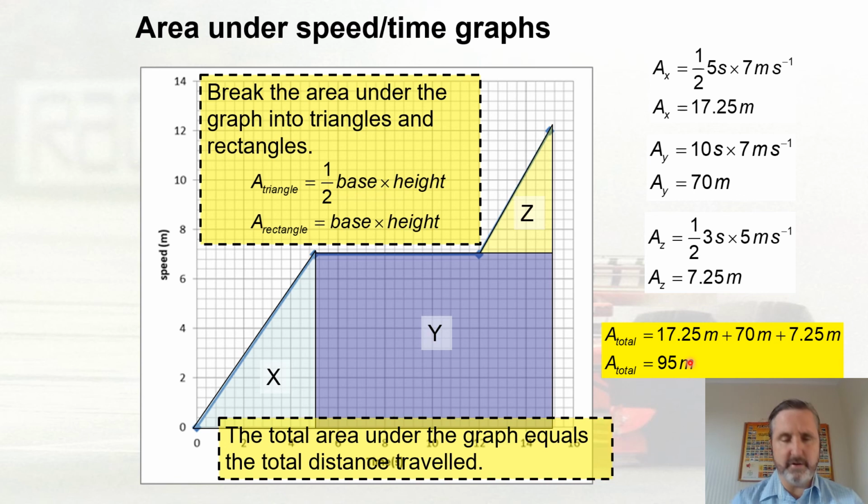Okay, so in this video we've looked at distance time graphs, and remember on a distance time graph an angled gradient is equal to a velocity, and a straight horizontal line means that the object has stopped, and pretty much that's the end of how we use a distance time graph.